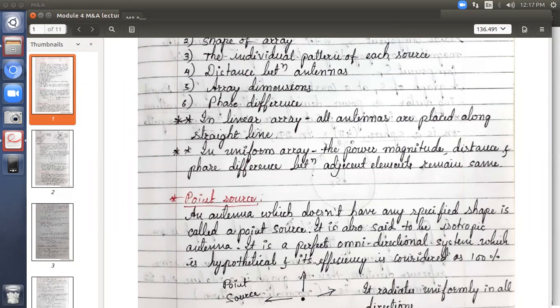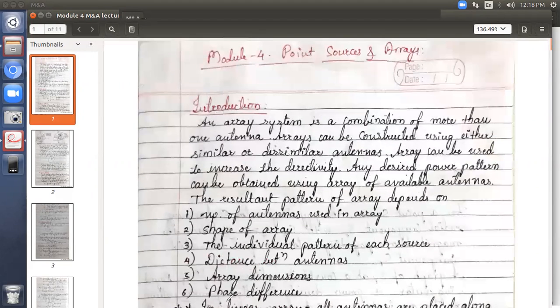Here in this module, we will be studying the array system. Basically in this module, the important part is the array system. So what is an array? As the title suggests, it's point sources and arrays. So an array is nothing but a collection. It's a collection of antennas. Different antennas all put together is called an array.